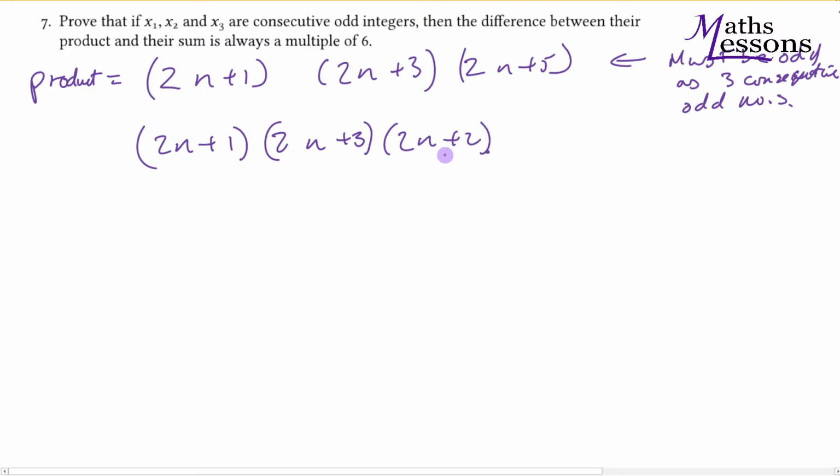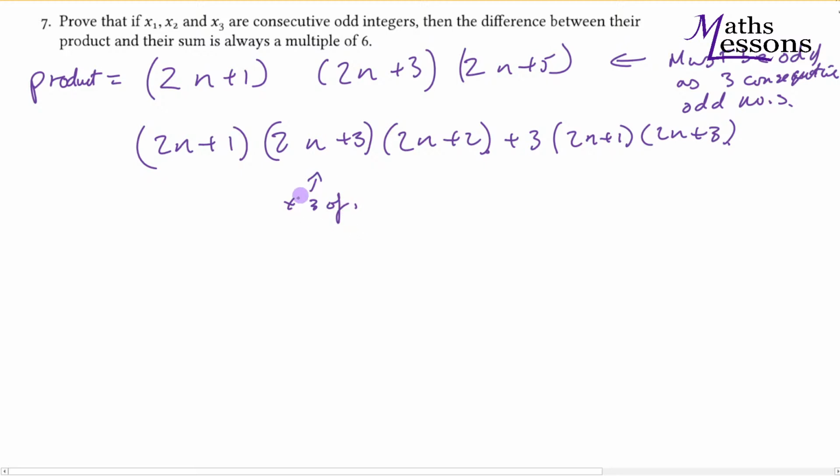This is 3 consecutive numbers here, because I've taken 3 off that to get the plus 2. Now if I've taken 3 off that, I need to add on 3 times the other 2 numbers. And then what I've got here, this is a multiple of 3.